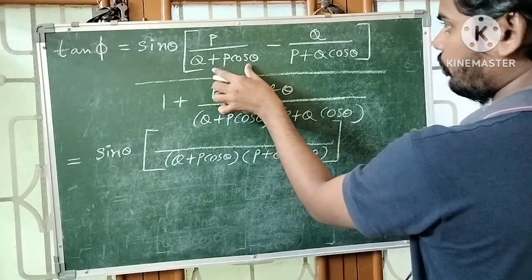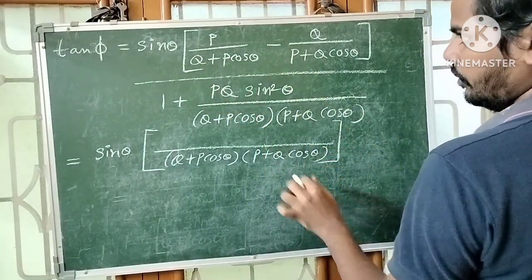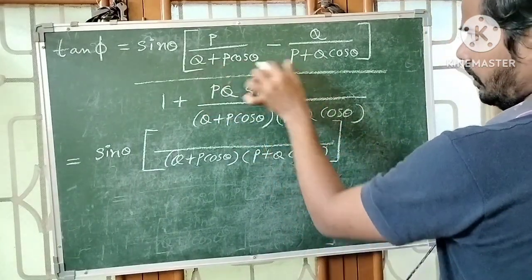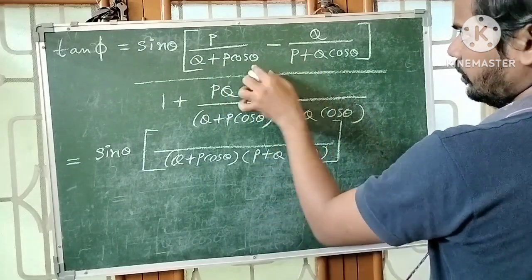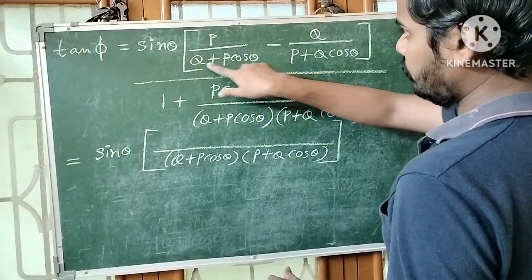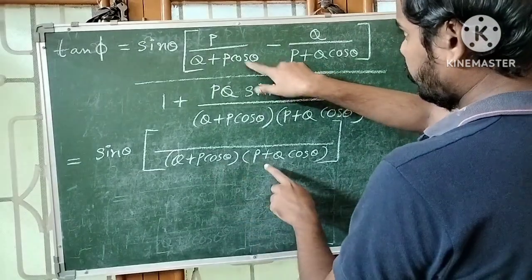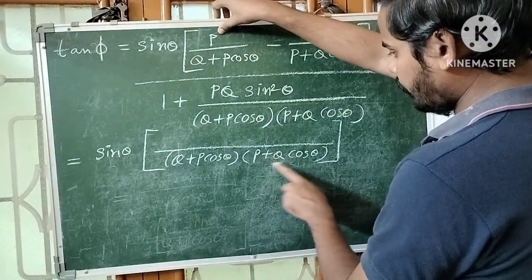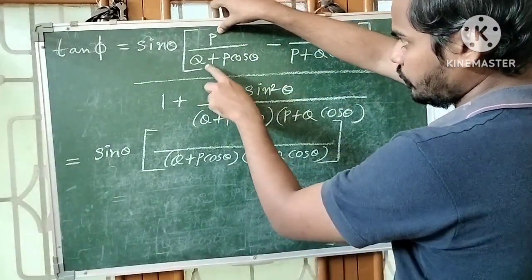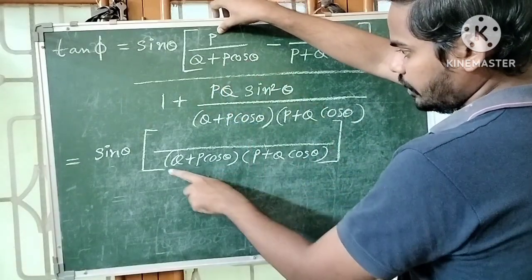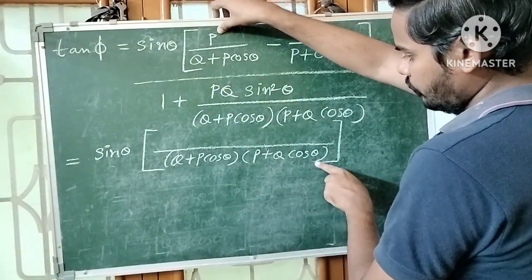These two are unlike expressions, so the LCM will be their product, the product of denominators. So the LCM is q plus p cos theta, p plus q cos theta.